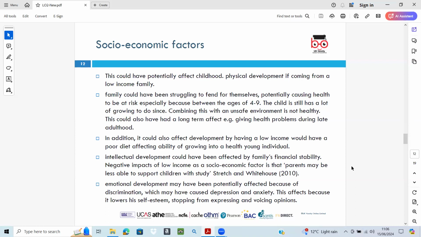It could affect their overall emotional well-being. Then we have the impact of low income on parental support. For example, limited financial resources and time constraints due to low income may result in parents being less able to provide necessary academic support and guidance for their children.